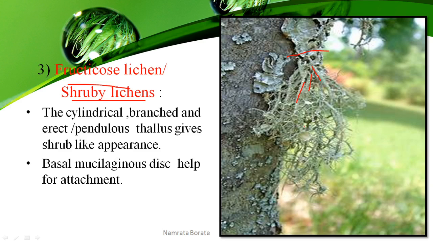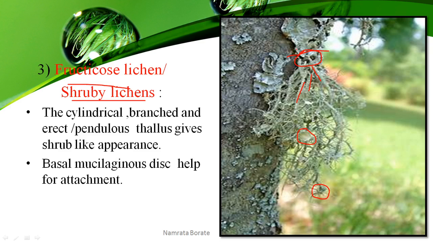The most interesting fact about the fruticose lichen is the presence of fruiting bodies. And the second important feature is a disc-like structure, a mucilaginous disc, which is used for attachment to the substratum.